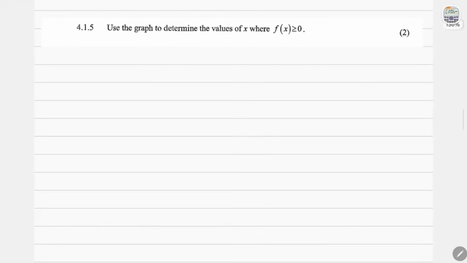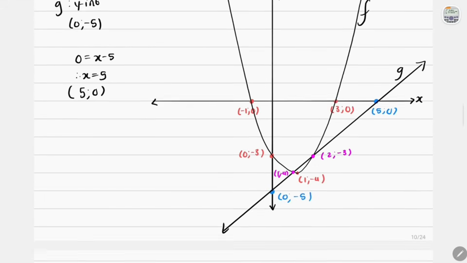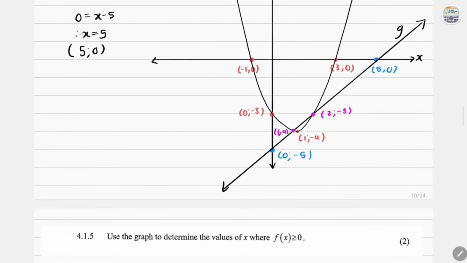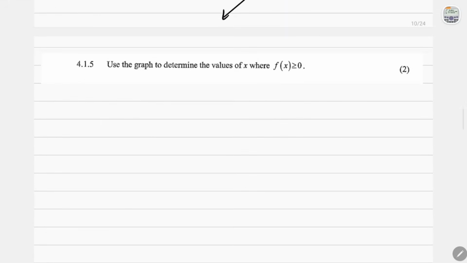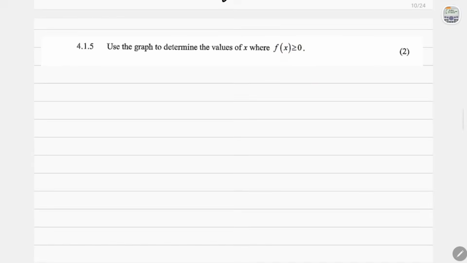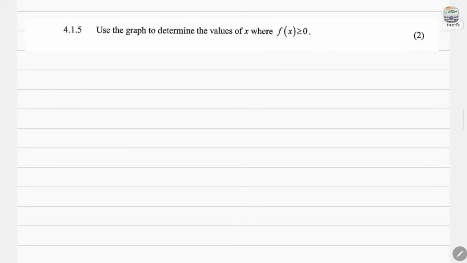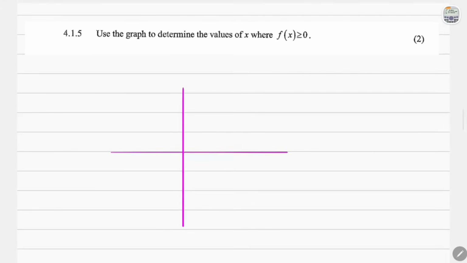Okay, question 4.1.5, which seems like the last question concerning this. They say, use the graph to determine the values of x for which f of x is greater than or equal to 0. Okay, let's understand something about f of x quick. When you have a graph on a Cartesian plane, regardless of what that graph looks like, f of x stands for the y values of the graph, where you find y values on the y-axis.